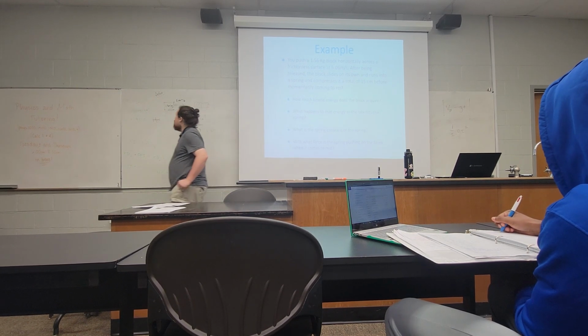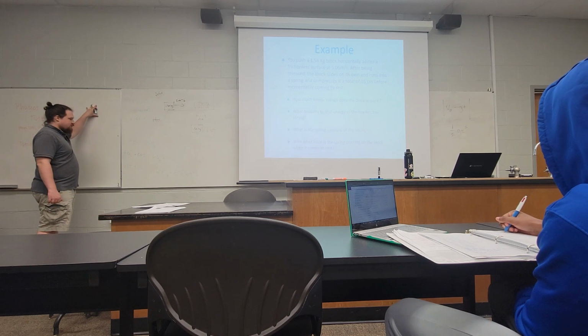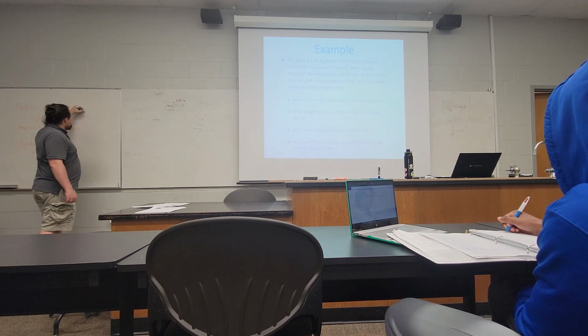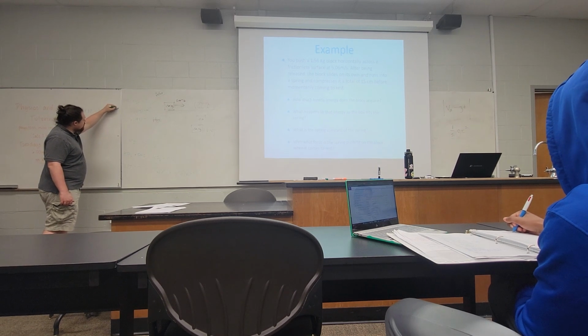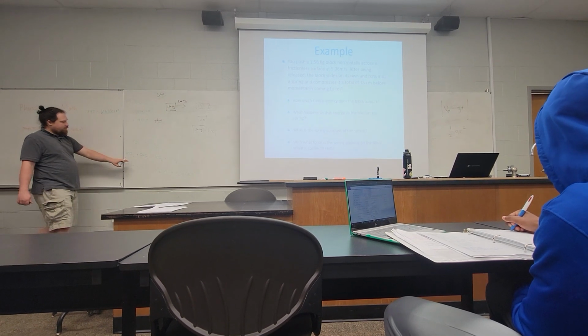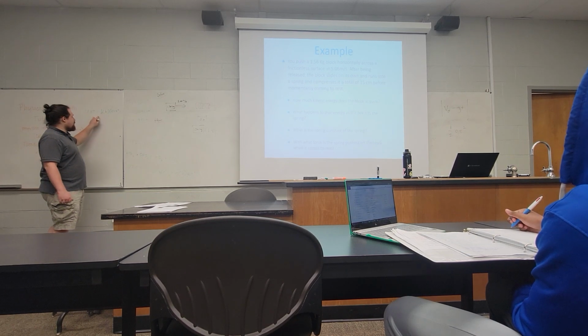Alright. I'm going to take it over here and simplify it a little bit. Get rid of all the zeros. So, EPE initial was 0, KE final was 0, so I just got rid of those.